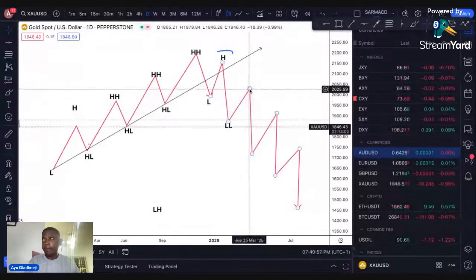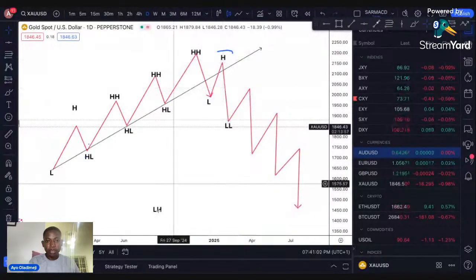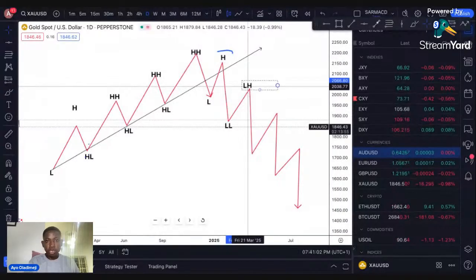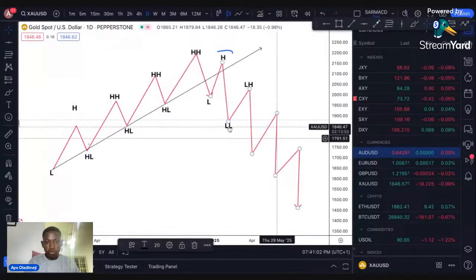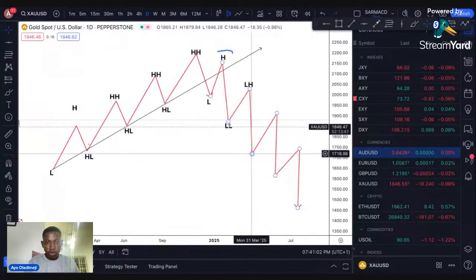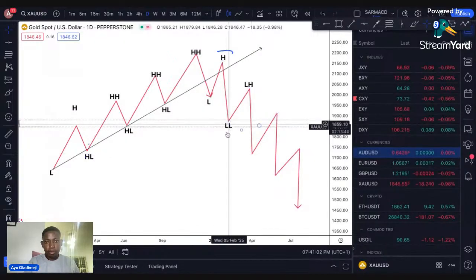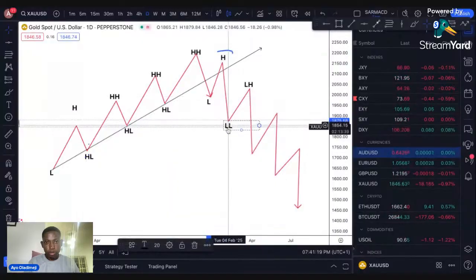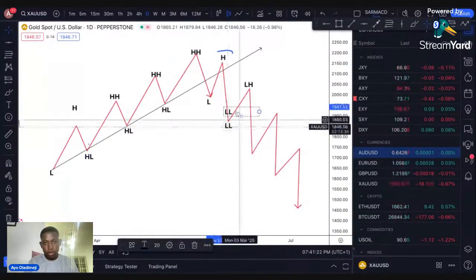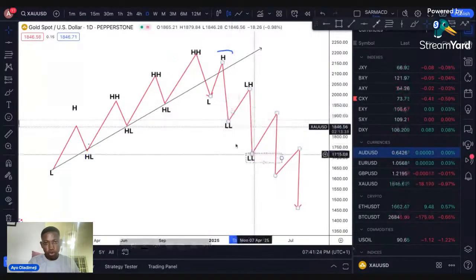Then we look at this high. This high also is lower than the previous high. So we call it a lower high. Then we look at this new low. What's the relation to the previous low? It's a lower low, right? So we call it a lower low.